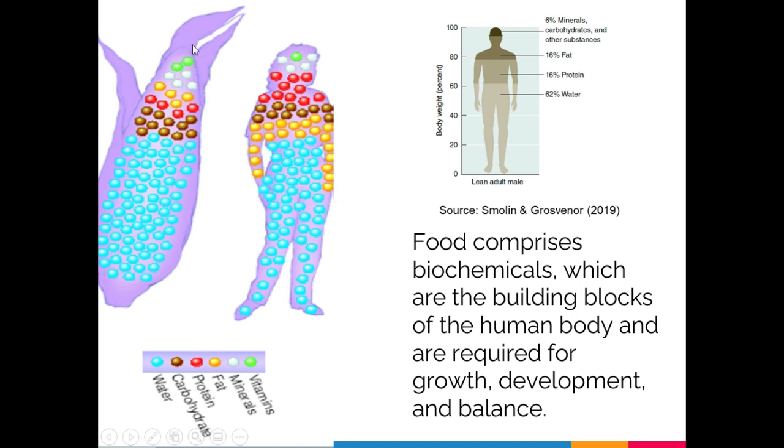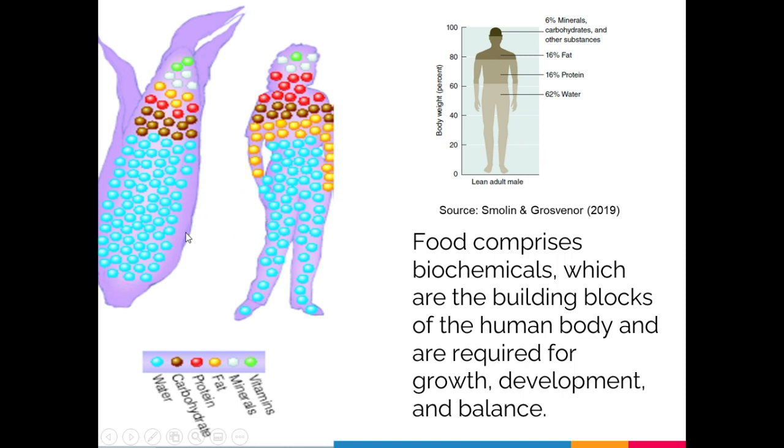For example, this is a silhouette of a corn. The components of the corn, as you can see, are the same with what this human figure is comprised of. They are really the same.